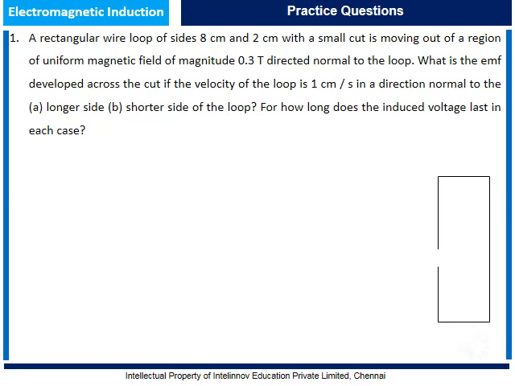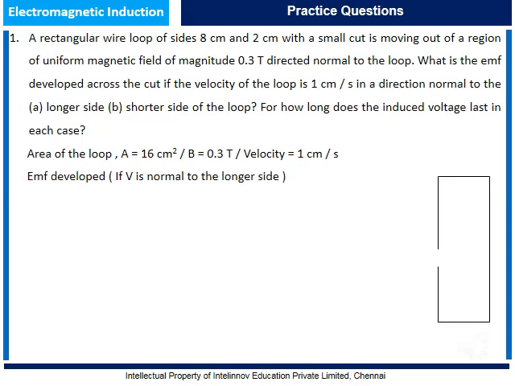Now in the first case, calculate the area of the loop. The area of the loop is 16 centimeter square. Here B is given as 0.3 Tesla and velocity as 1 centimeter per second. Now let us first calculate the EMF developed if the velocity is normal to the longer side. This EMF is equal to the magnetic field into the length of the coil which is stationary, or which will not change during motion, and V, the velocity.